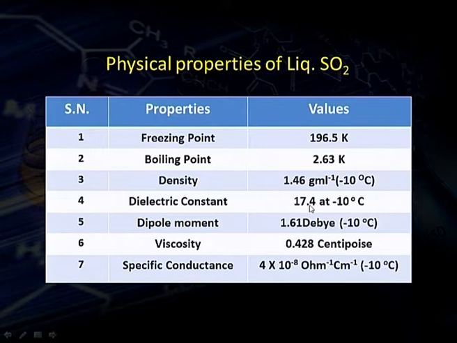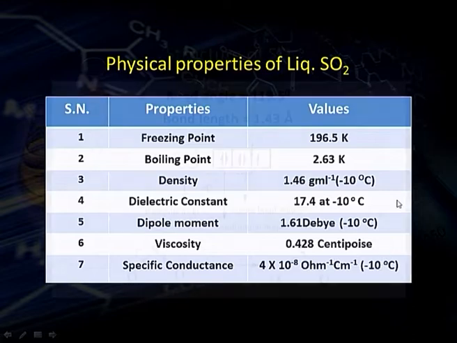The dielectric constant is 17.4 at minus 10 degrees Celsius. Its dipole moment is 1.61 Debye. Its viscosity is 0.428 centipoise and its specific conductance is 4 into 10 to the power minus 8 per ohm per centimeter at minus 10 degrees Celsius.